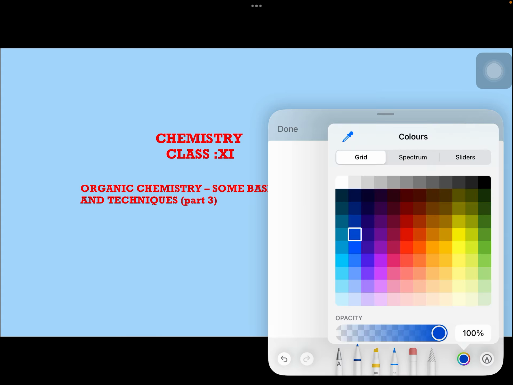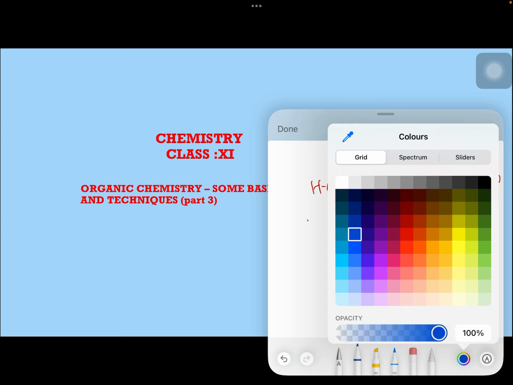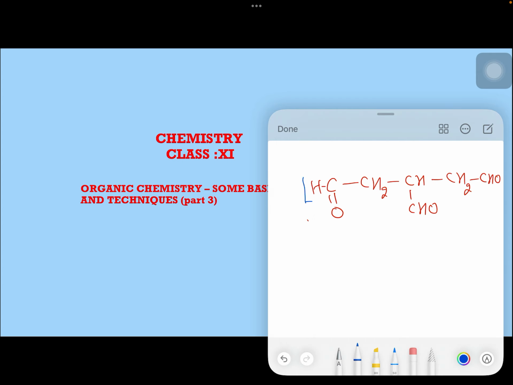If you have something like CHO, CH2, CH, another CHO, CH2, another CHO. So you have these three functional groups here, same functional group thrice.